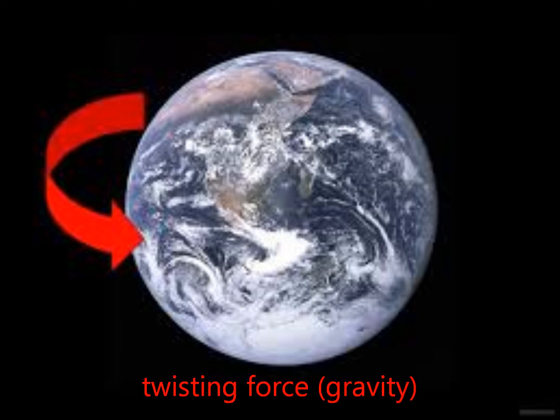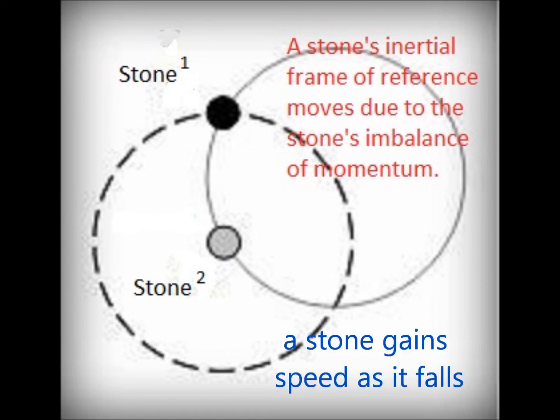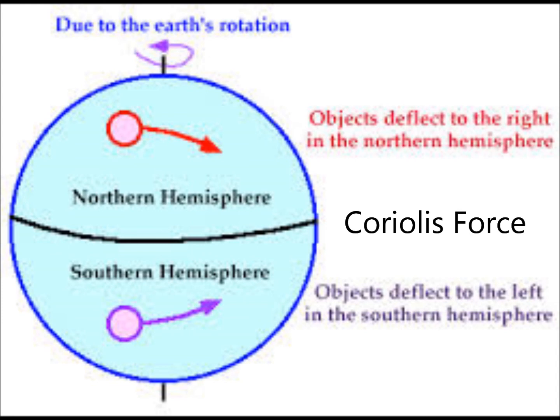As a result, a stone thrown to the air falls back to Earth, because the stone's inertial frame moves and changes direction with reference to Earth's rotation. The direction of its path progressively turns more directly toward the Earth, and as a result the stone gains speed as it falls. Other things, including the Coriolis force, also play a role in the effects of gravity.